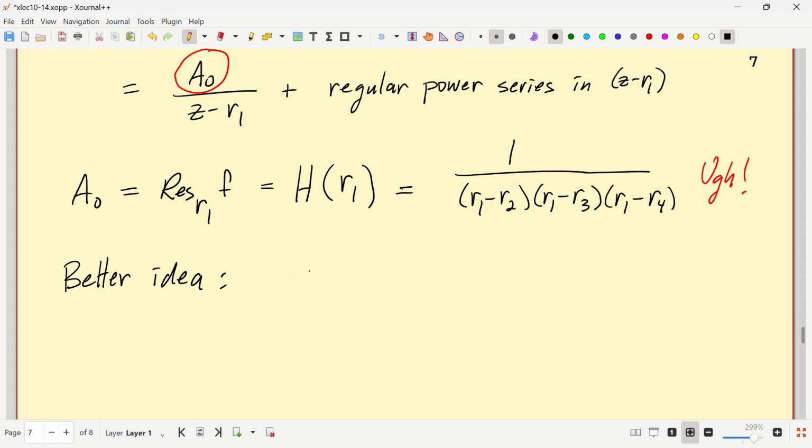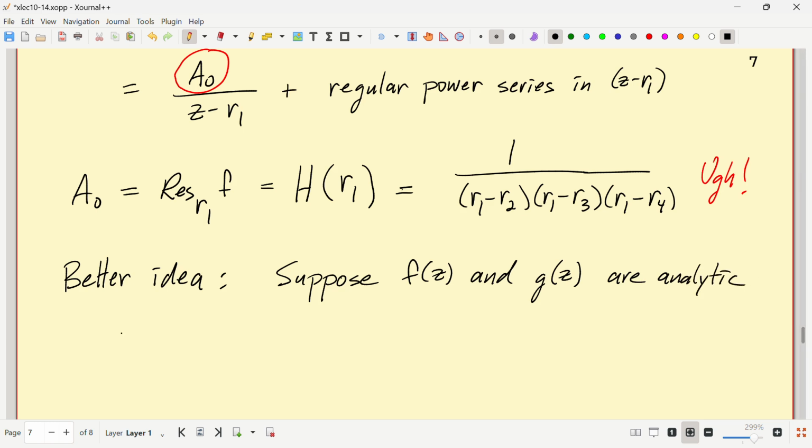Let's suppose I have f of z and g of z that are analytic near a, meaning they're analytic on a disk about a. So analytic near a. So that means on a disk about a.